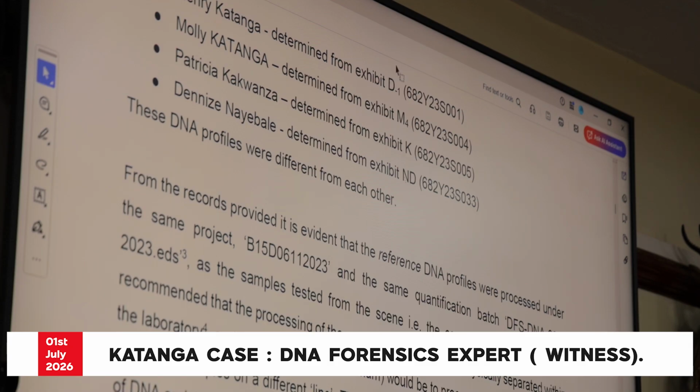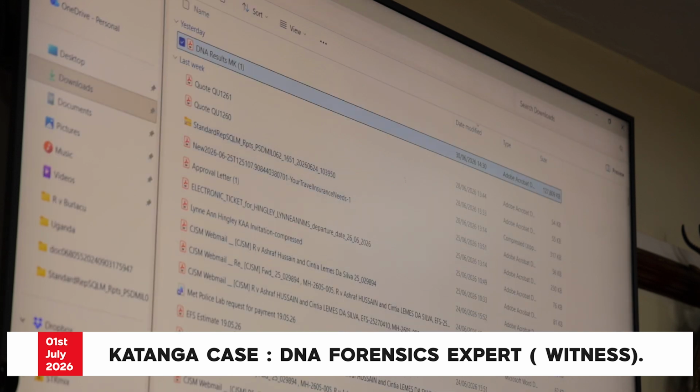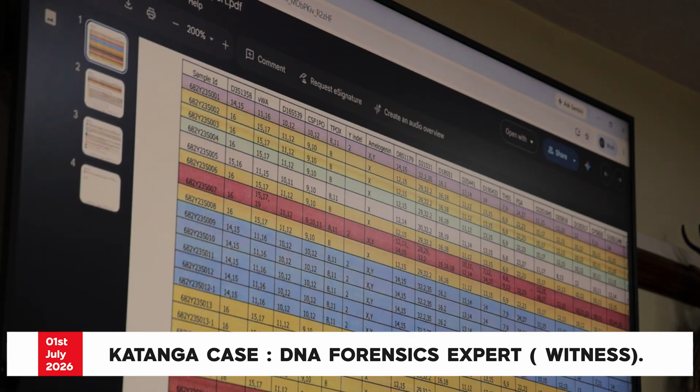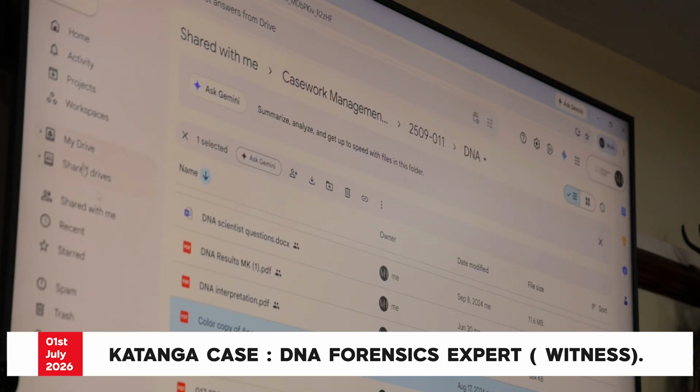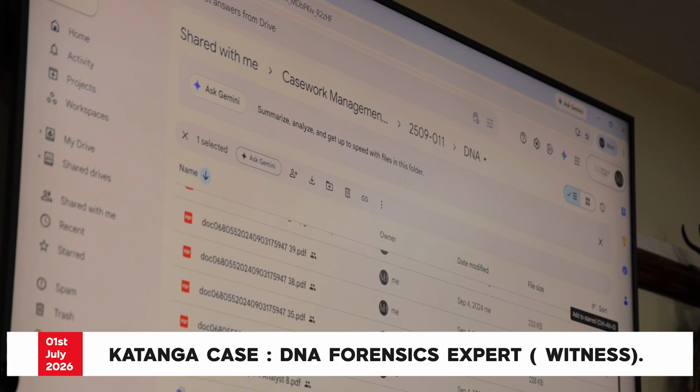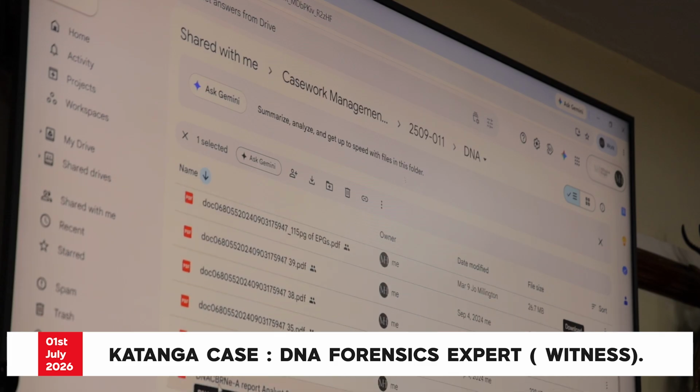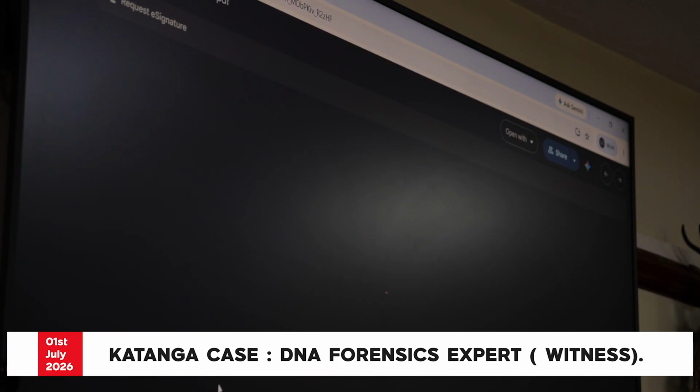What I understood is that the samples were taken from Henry, Molly, and Patricia, labeled 1 to 5, and that looking at the reference DNA profile together with the exhibits, with the poor laboratory practice.